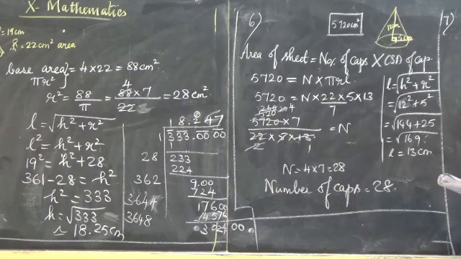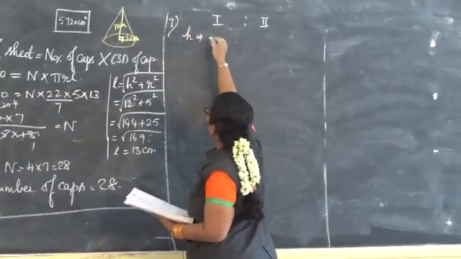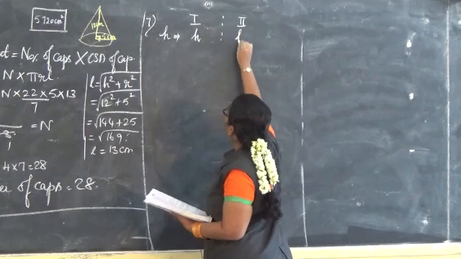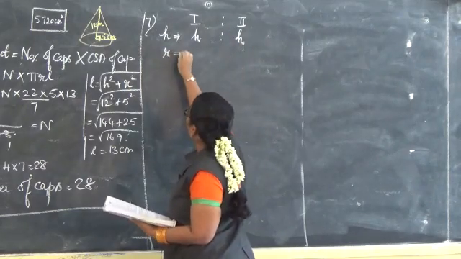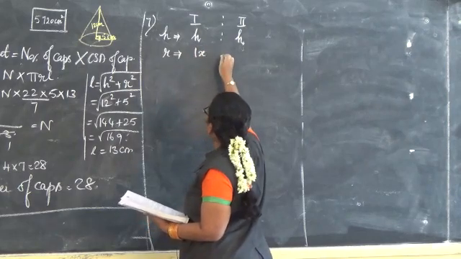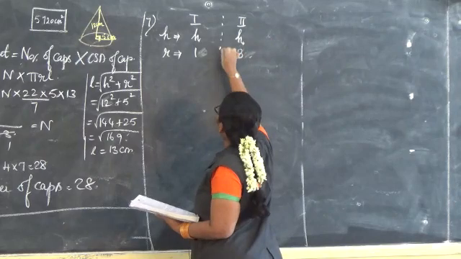The ratio we are taking: the ratio of radii of two right circular cones of same height. So whenever we consider the height, here also h, here also h, and the radius is 1x and 3x, or 1:3.